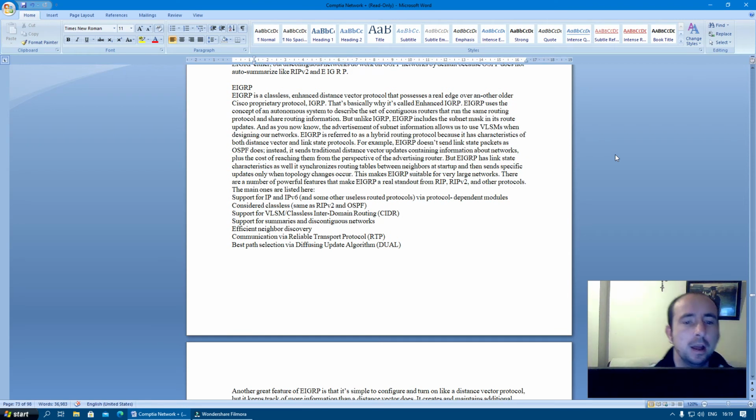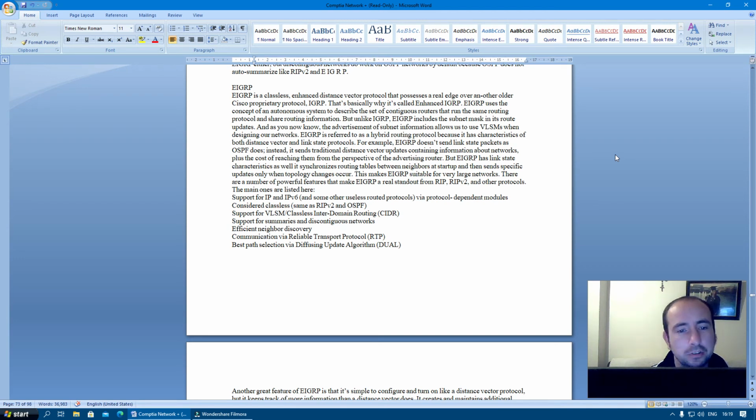EIGRP. Enhanced Interior Gateway Routing Protocol is a classless enhanced distance vector protocol that possesses a real edge over the other older Cisco proprietary protocol, IGRP. That's basically why it's called Enhanced Interior Gateway Routing Protocol.